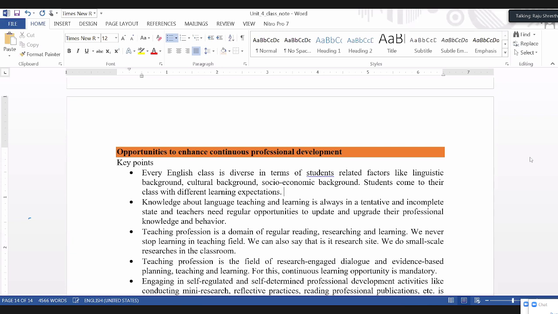Every student has different expectations from the classroom, from the teacher.